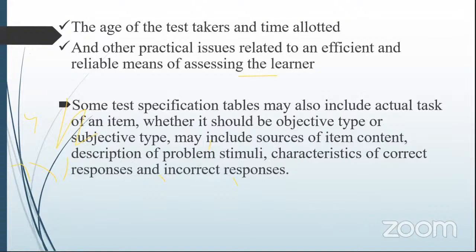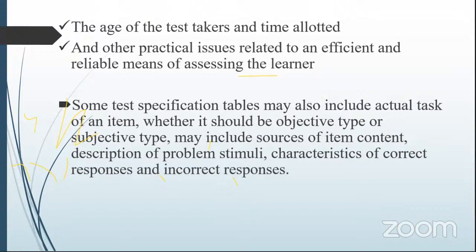Some test specification tables may also include the type of item, whether it should be objective type or subjective type. You indicate on this table of specification.